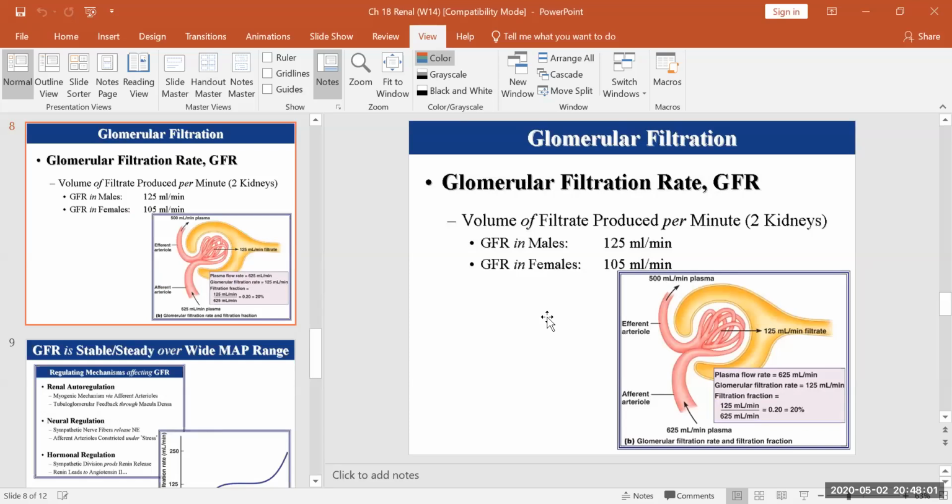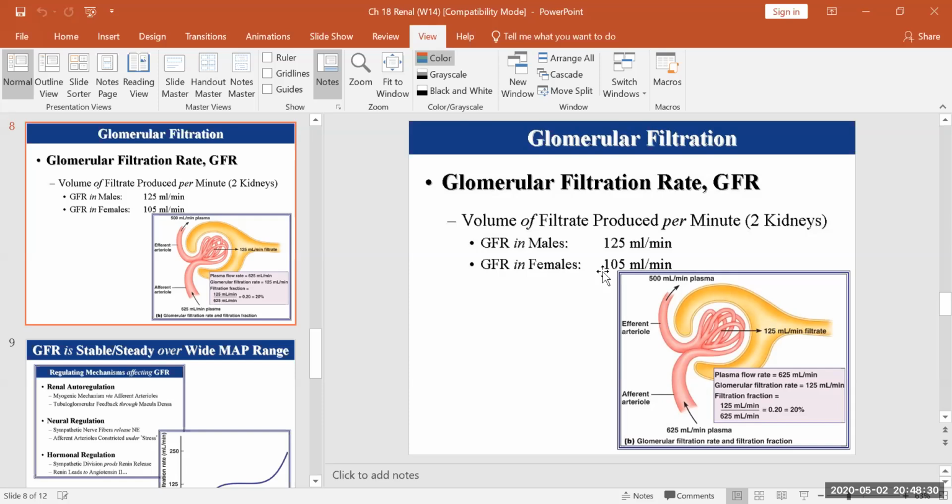Now, we're going to talk about this later, but for now, we know the glomerular filtration rate in healthy males and females. It is expressed as the volume per unit time. In this case, it's around 125 ml, 125 cc's per minute in males, and slightly more than 100 cc's per minute in females, and that's for both kidneys.